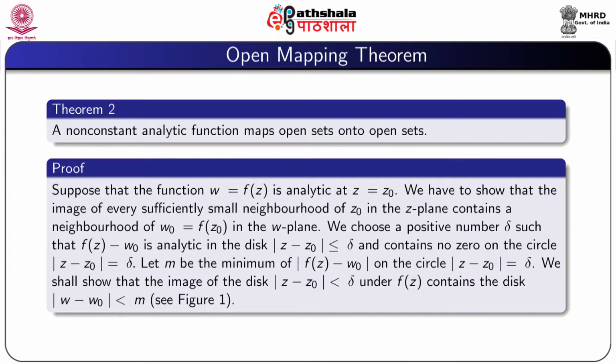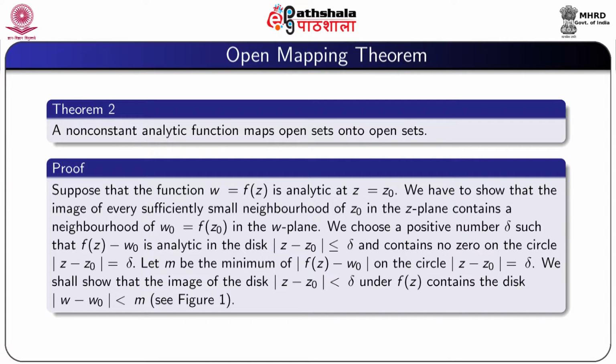So, proof: suppose that the function w equal to f(z) is analytic at z equal to z0. We have to show that the image of every sufficiently small neighborhood of z0 in the z plane contains a neighborhood of w0 equal to f(z0) in the w plane.